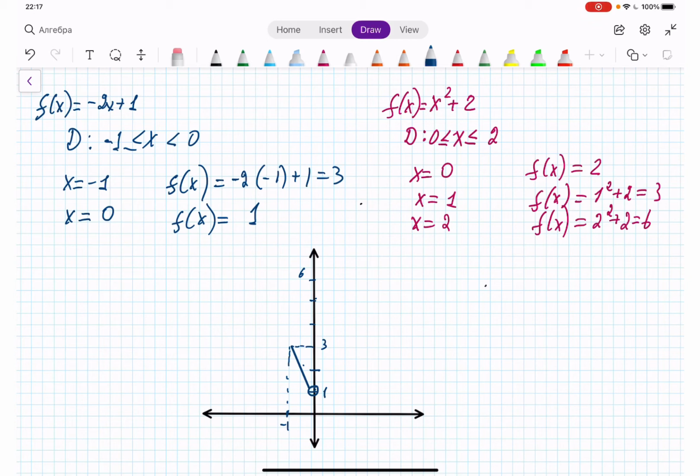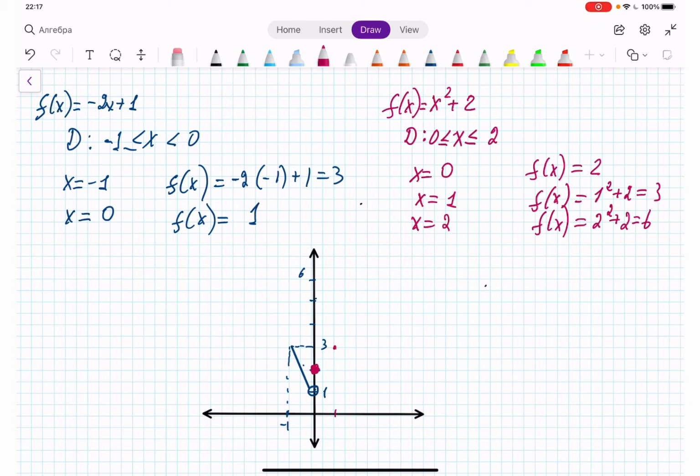Now let's build the x squared plus 2 in the area between 0 and 2. And in this case, both points are included, 0 and 2. So let's see. When x is 0, y is equal to 2. And I put here a solid point because we have the equal sign, so 2 is included. Next, x is 1, y is equal to 3. This is 1, then y is equal to 3, this point.